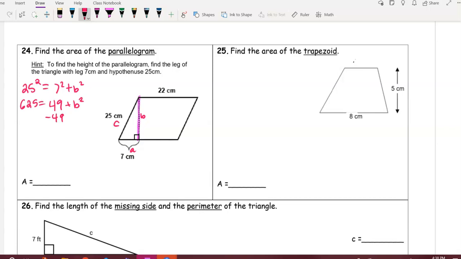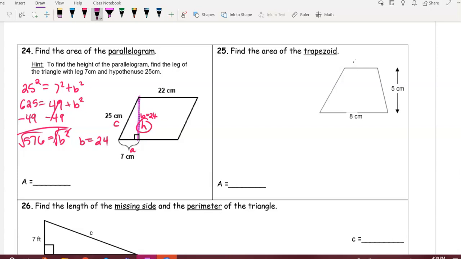We can subtract the 49. 625 minus 49 is 576. Then we need to take the square root to find b. Square root of 576 is actually 24. So the height here is 24.